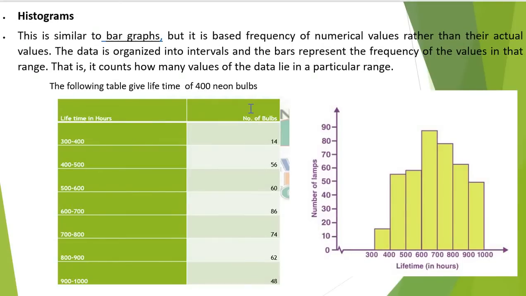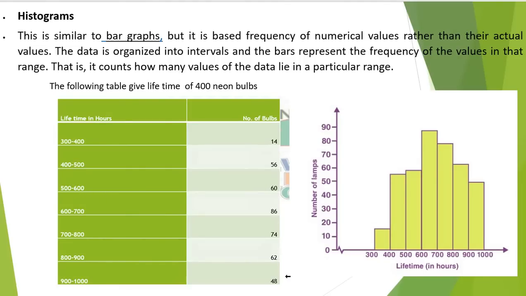For example, we have this data of 400 neon bulbs. Out of 400 bulbs, 14 bulbs have a life of 300 to 400 hours. 56 bulbs have a life of 400 to 500 hours. Similarly, 60 bulbs have a life of 500 to 600 hours and so on.